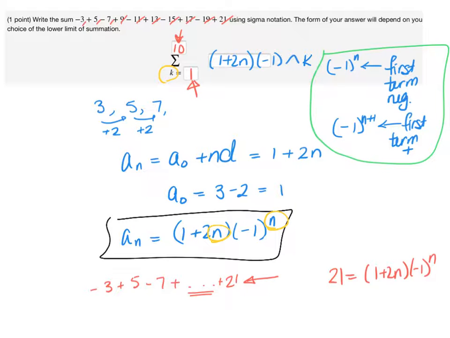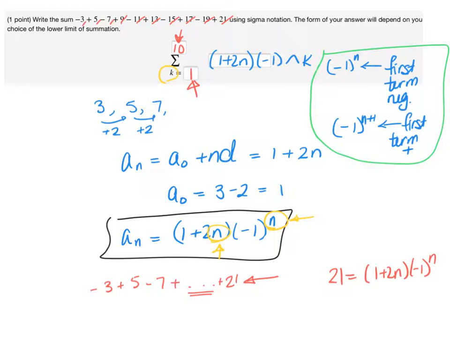So if that would have been j's, I would have used j's. If that would have been m's, I would have used m. But it's a k, so I replace here in my closed or explicit formula with that dummy variable. And that's why it should be k. That's confusing? Well, that's because k equals 1, k equals 2, k equals 3. And when I see the summation, it just means I'm adding them.